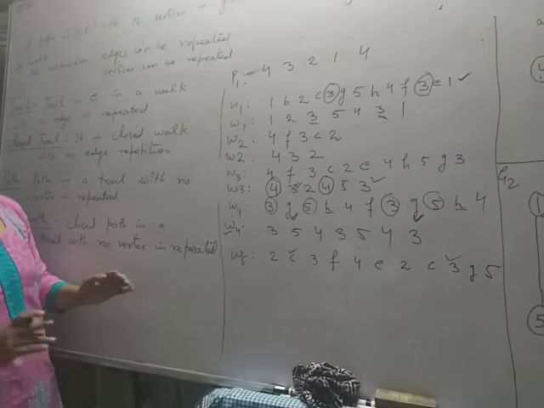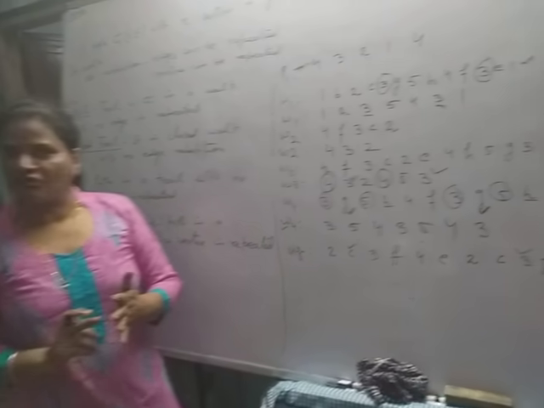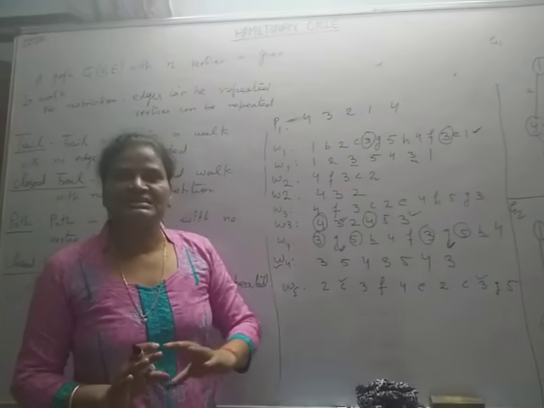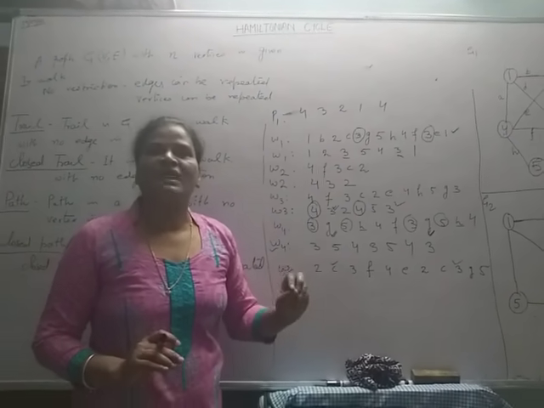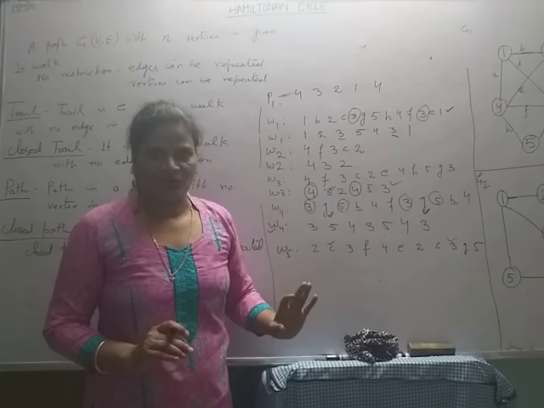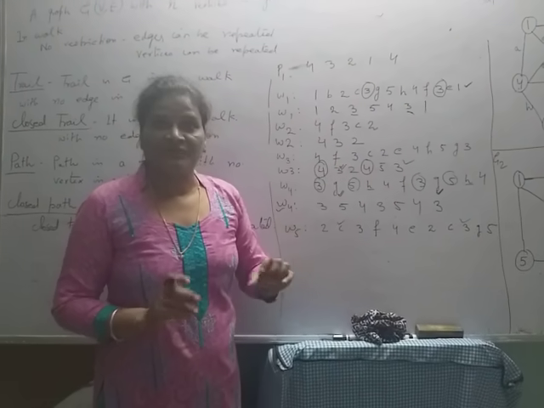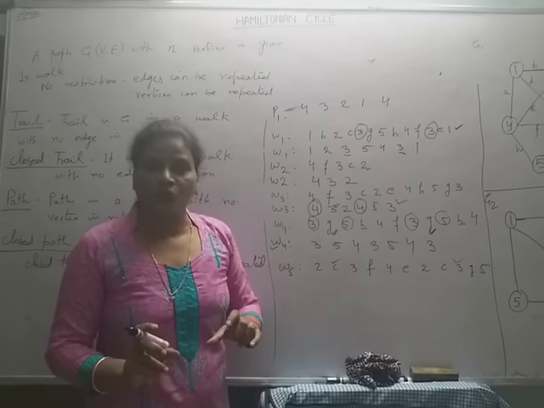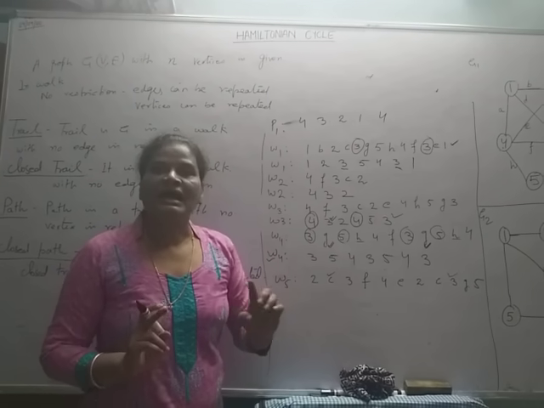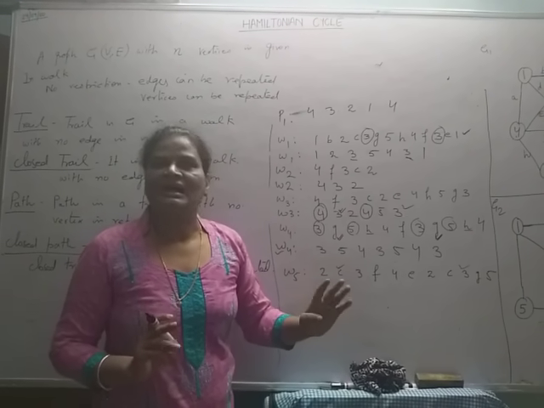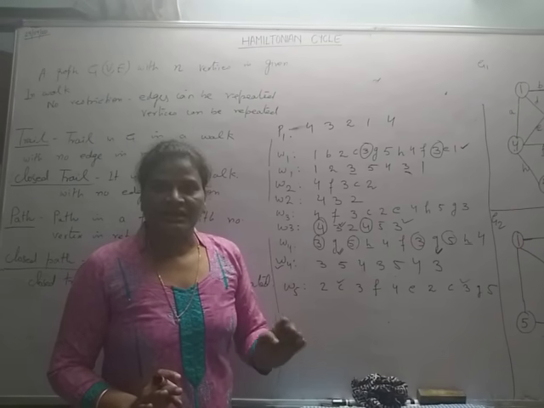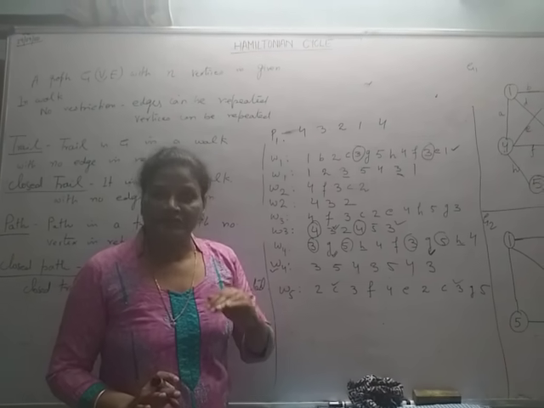So now I have given the definition of walk. A walk is simply a sequence of vertices without any restriction. Wherever we have the word closed, it means the start and end vertices are the same. After that I gave the definition of trail.